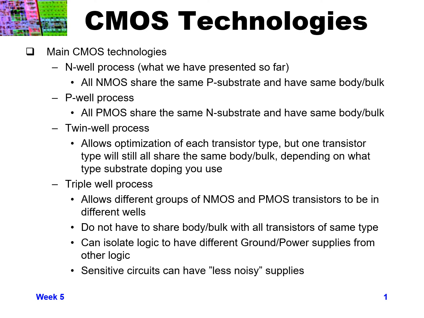So the main CMOS technologies, up until now, we've been talking about an N-well process. So we start with a P substrate, and all NMOS devices are in the P substrate and share the same bulk body, which is that P substrate. And the gates of your NMOS devices are over the P substrate.